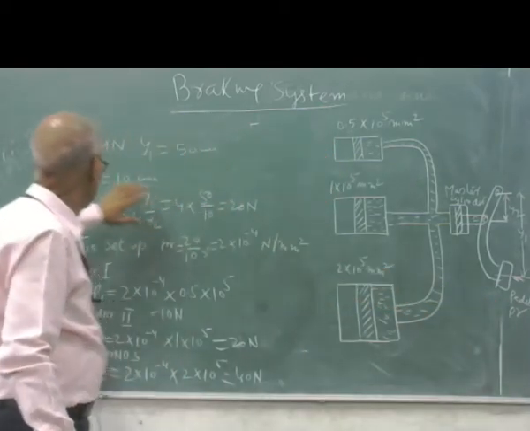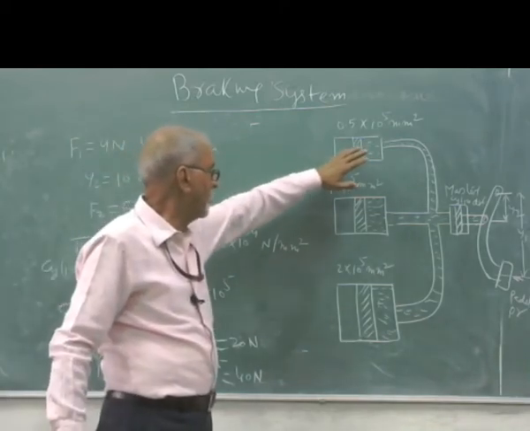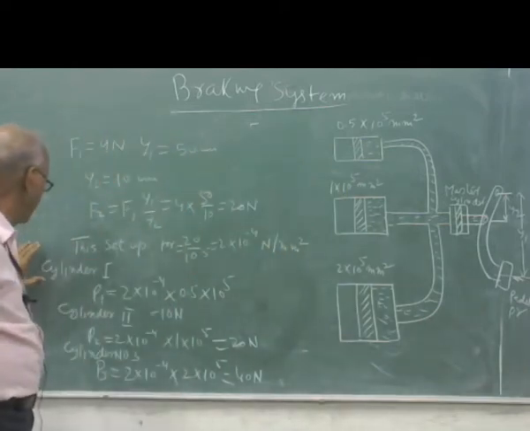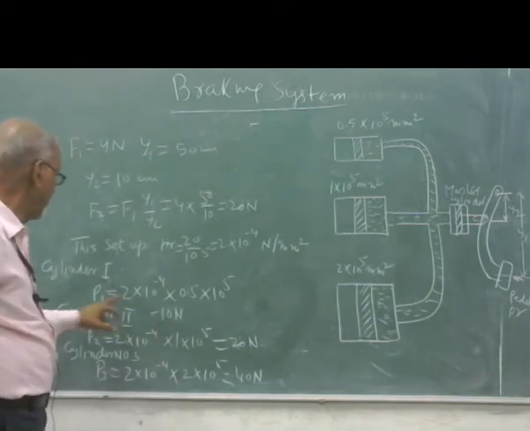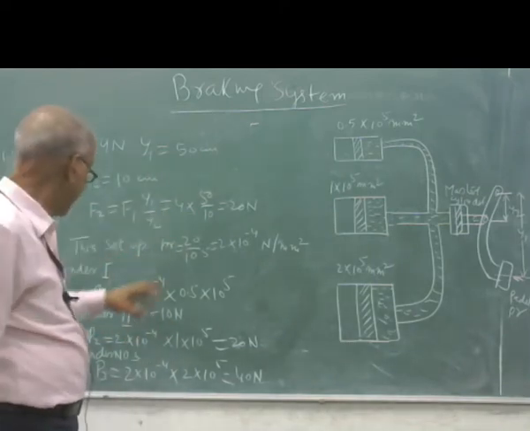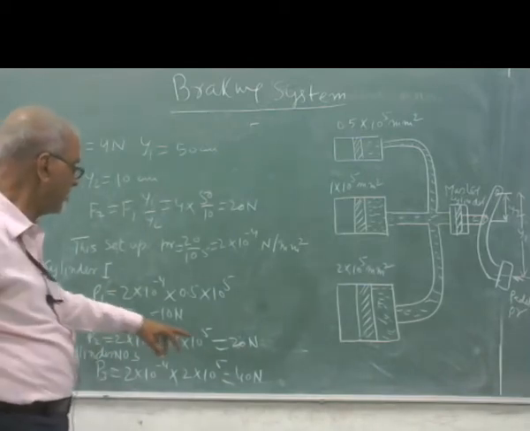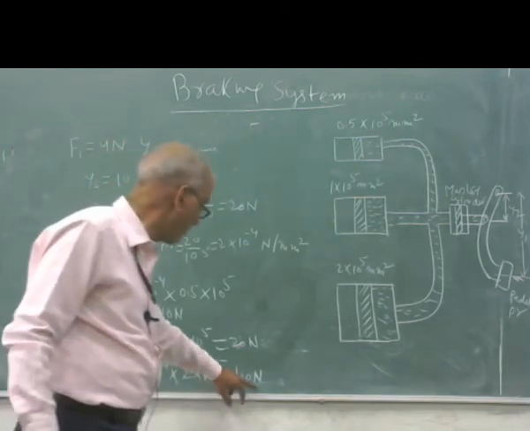Then on cylinder number 1, 0.5 into 10 power 5 Newton mm square was the area. So the pressure which was created was 10 Newton. Then on the second cylinder, the pressure created was 20 Newton, and on the third cylinder the pressure created was 40 Newton.